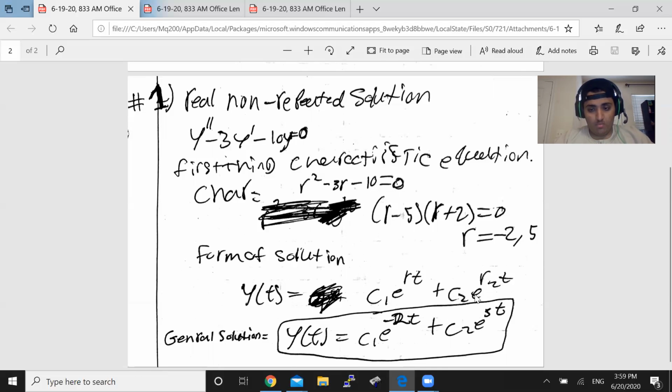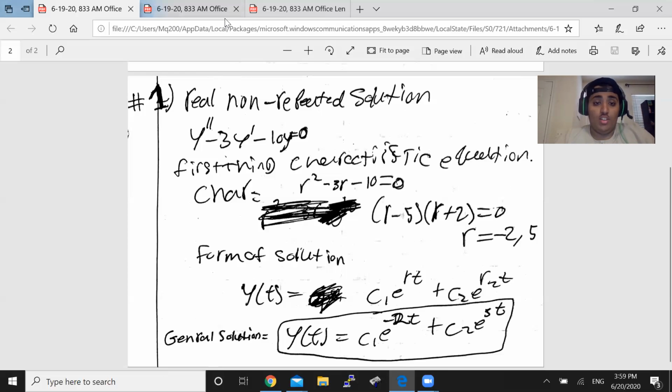So the general solution is y equals c1 e to the power of negative 2t plus c2 e to the power of 5t. That tells us the roots are real, but not repeated. We don't have the same roots.